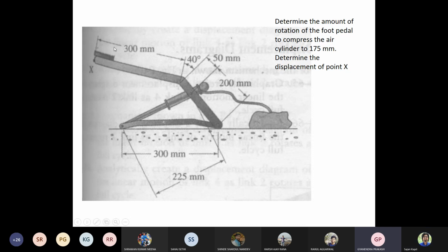The point X. Correct. The air is in the cylinder. Now I don't know the distance right now between this and this, but it should compress to 175 mm. Okay, right, I got it. Good.